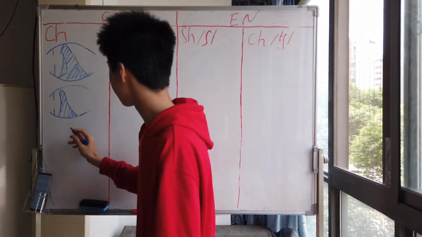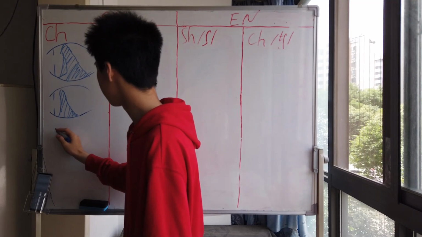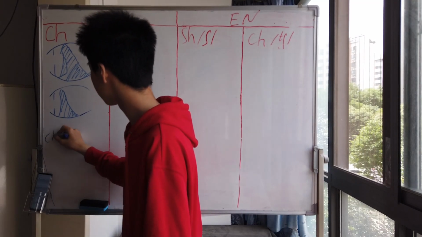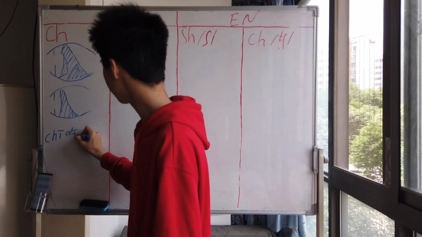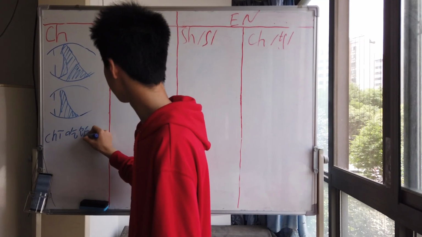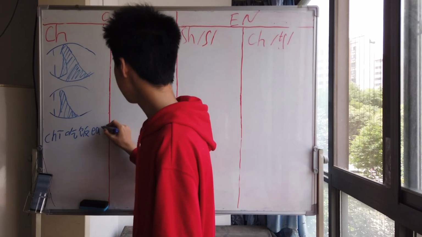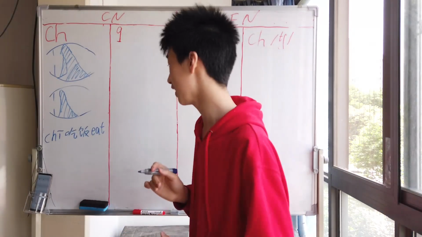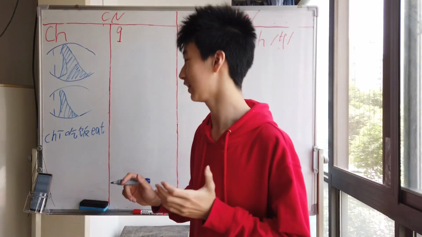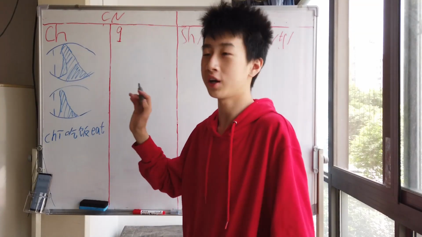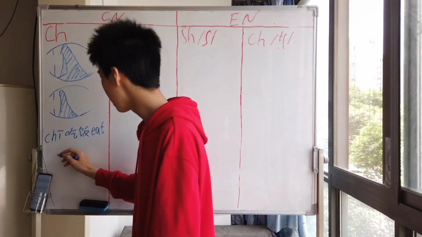Anyway, we have more examples for it, like 吃饭, which means eat. Sorry, guys, if I am not writing the Chinese characters nicely, since I'm not really used to drawing on a blackboard or whiteboard.